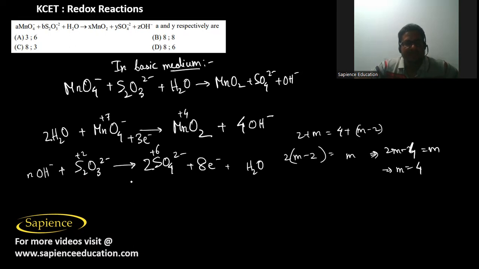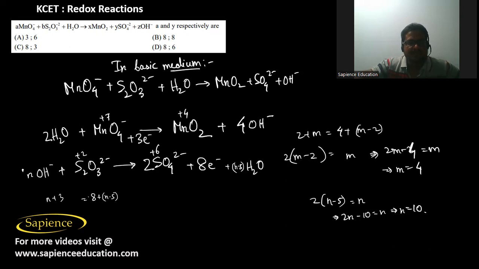The number of oxygen atoms should be the same: n plus 3 equals 8 plus n minus 5, so the water is n minus 5. The number of hydrogen atoms should also be the same: (n minus 5) into 2 equals n. Therefore 2n minus 10 equals n, so n equals 10. So this should be 10 and this should be 5.